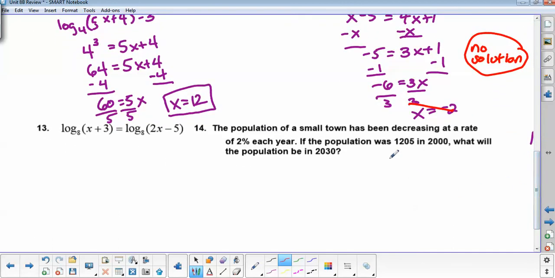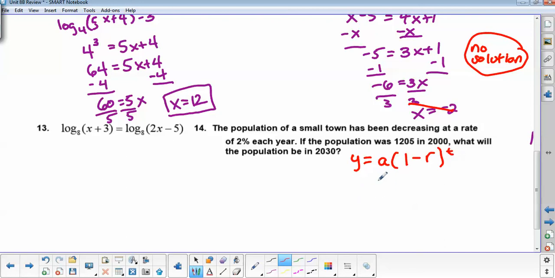So this one uses that model where your y is equal to your starting amount, and then your x is going to be plus or minus your rate depending on if you're increasing or decreasing. So since this population is decreasing, sorry, that's not an x, that's a 1. 1 represents the whole of your population. And it's going to be minus your rate because you're decreasing, and that's going to be to your time.